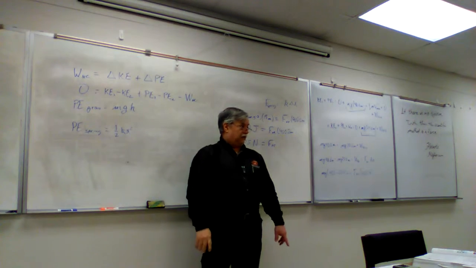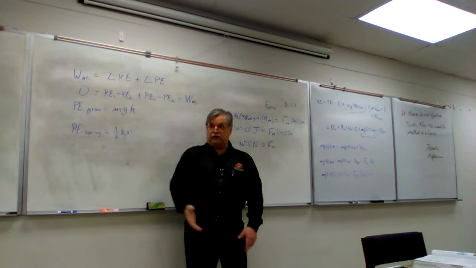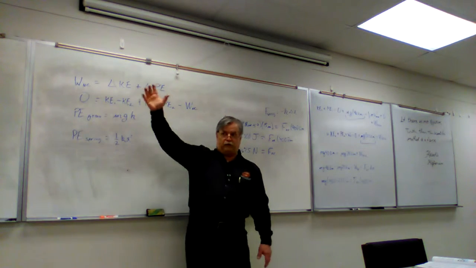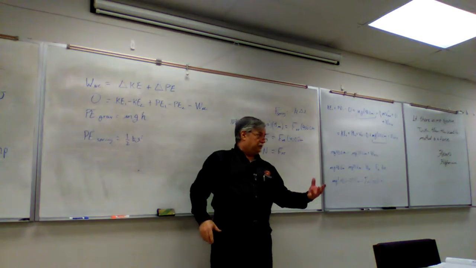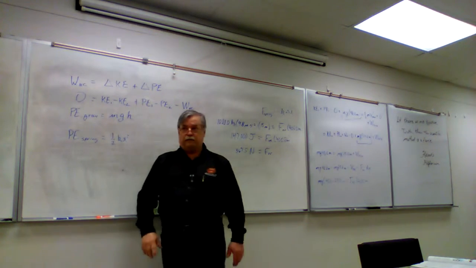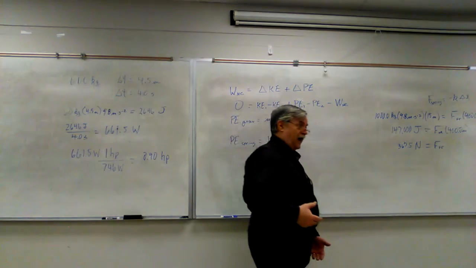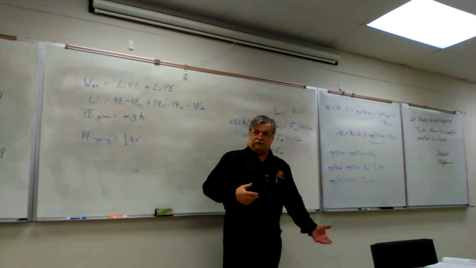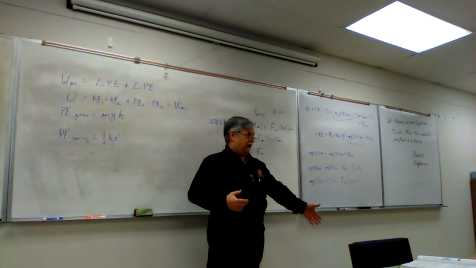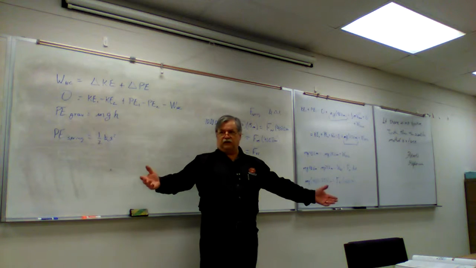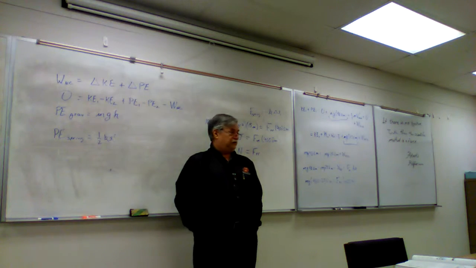You let it roll down the hill, and ignoring friction, the total potential energy it had at the top has to be the total kinetic energy at the bottom, unless you know how much was lost due to friction. Then you subtract that, and what's left is how much kinetic energy it has. That is conservation of energy in a nutshell.